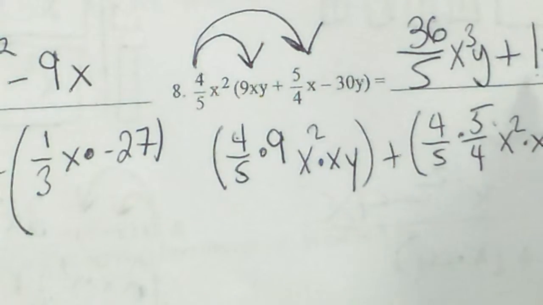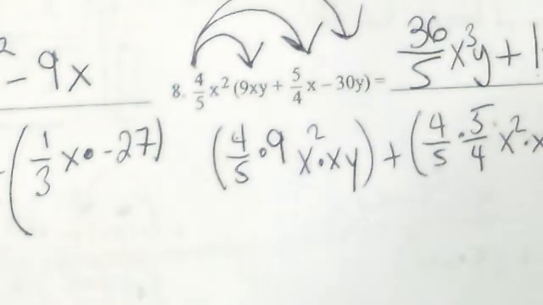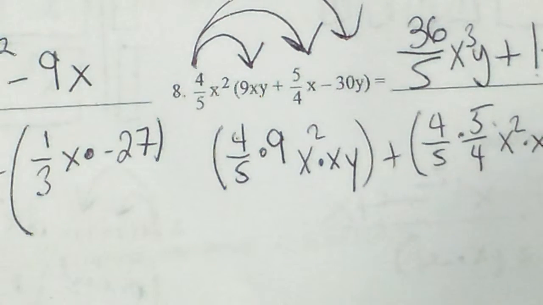Is it necessary to write that 1? No, it's not. Then the last one we distribute to the last term, and we get 4/5 times negative 30. 4 times negative 30 is negative 120. Then we take negative 120 and we divide by 5, and that's negative 24.